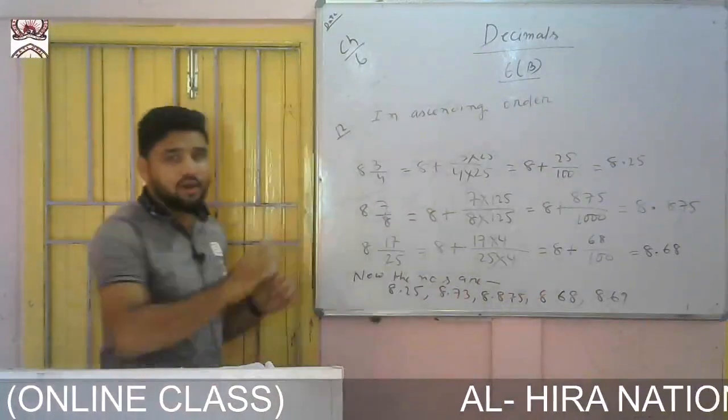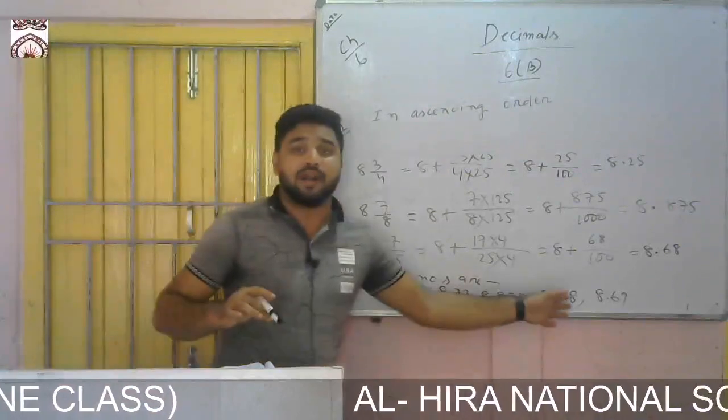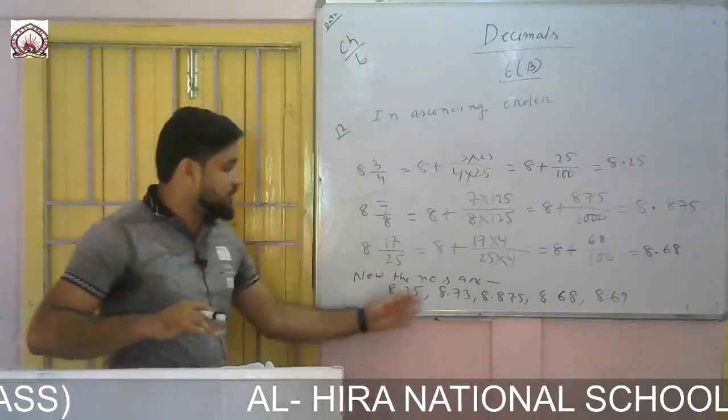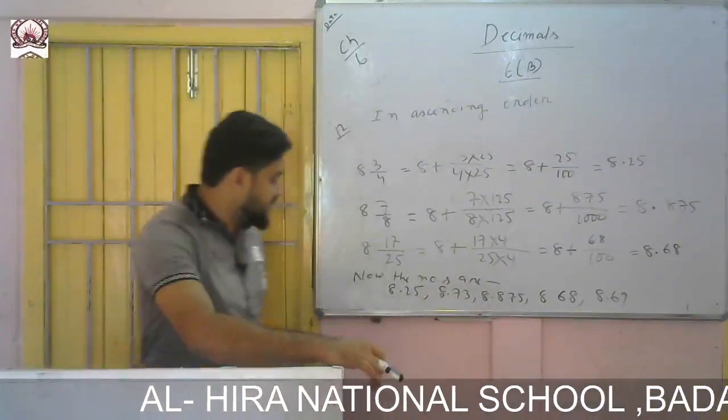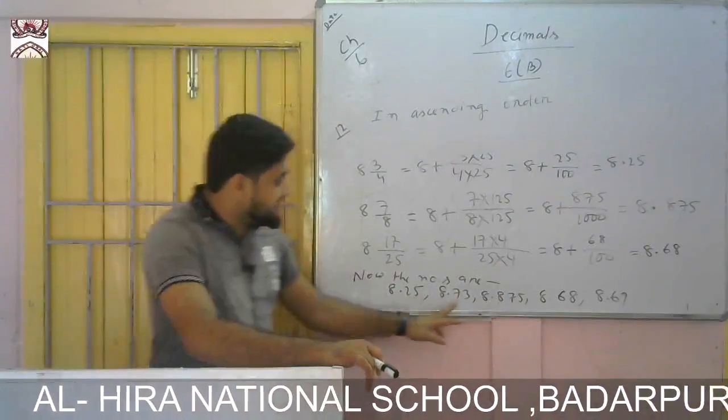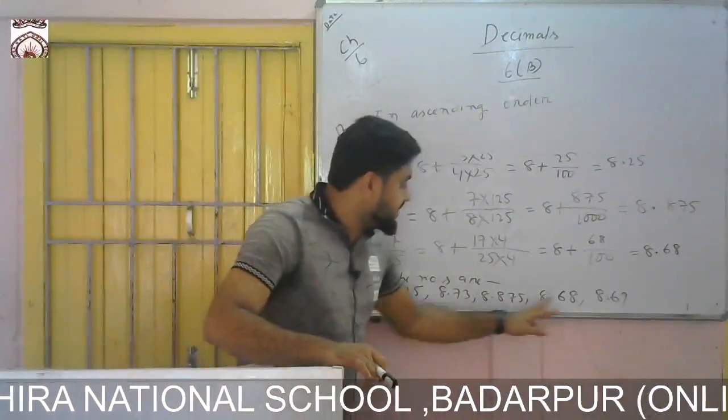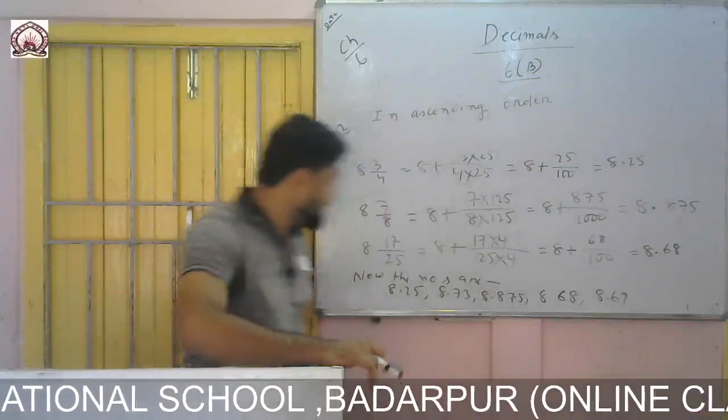All the integral parts are the same. Now let us go for the fractional part. So 25, 73, 875, 68, 69.